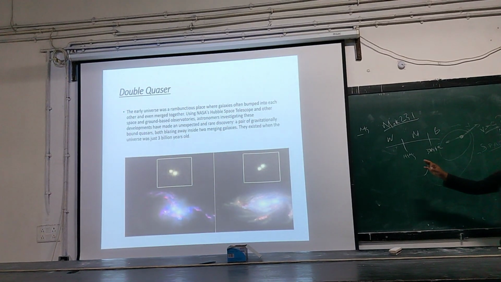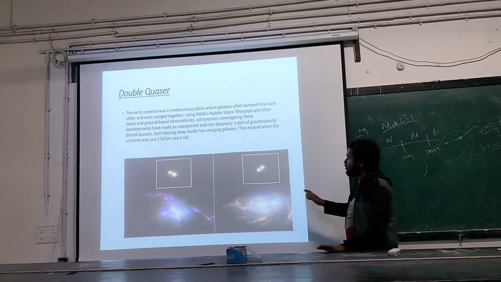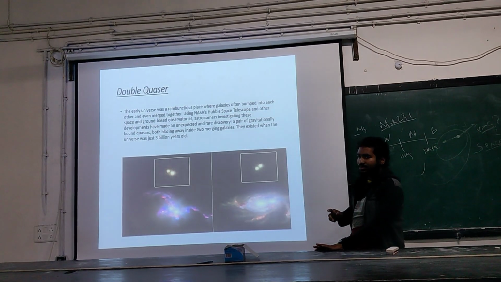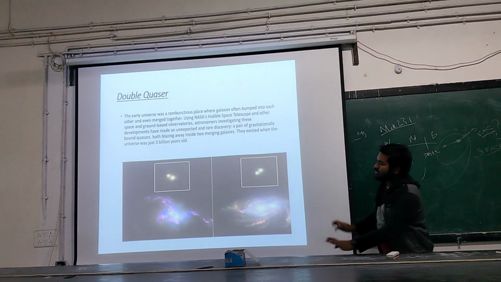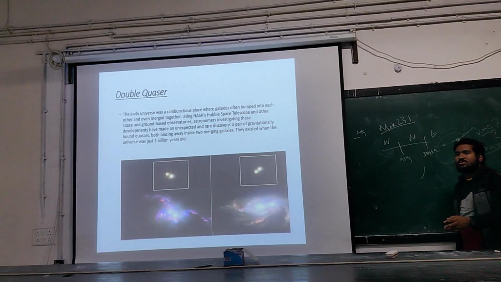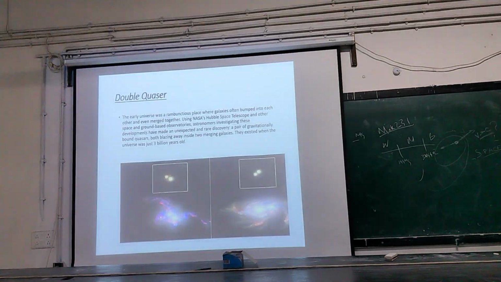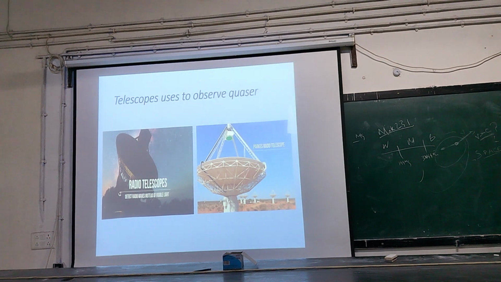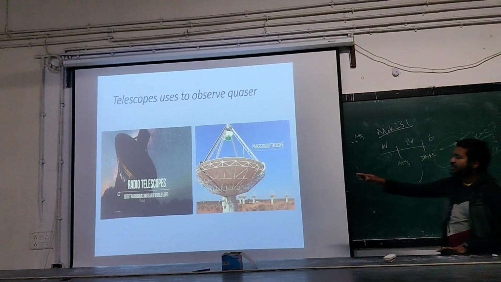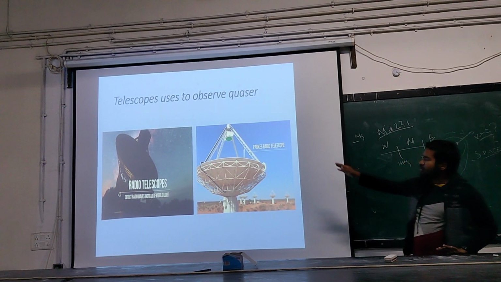This is a double quasar. It is very complicated to detect whether it is a single quasar or a double quasar, but scientists could identify it recently, in the year 2012, I think. The telescopes used are radio telescopes and Parker's radio telescope.